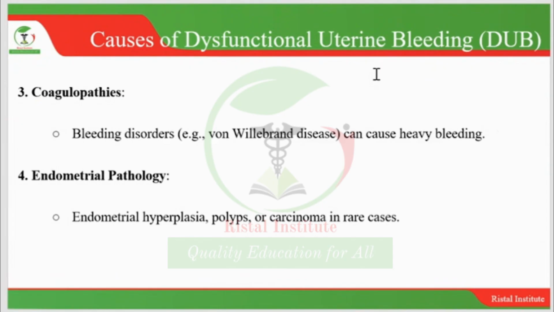Coagulopathies, for example von Willebrand disease, which is explained as a bleeding disorder manifested by heavy bleeding. Then endometrial pathology, endometrial hyperplasia, polyps, or carcinoma in rare cases can also cause the same.